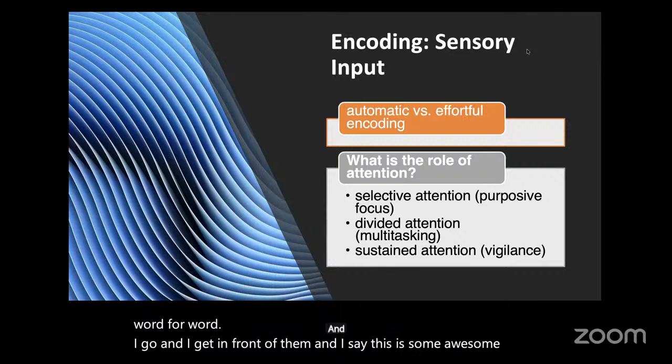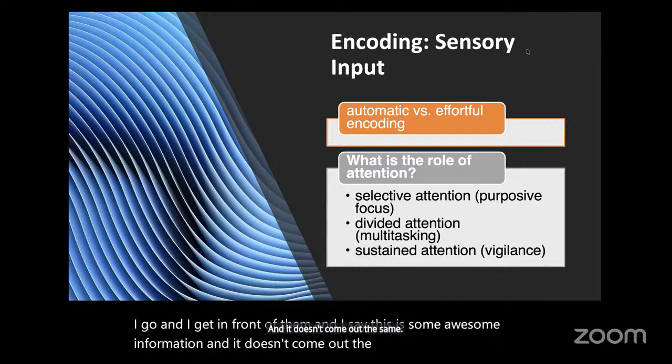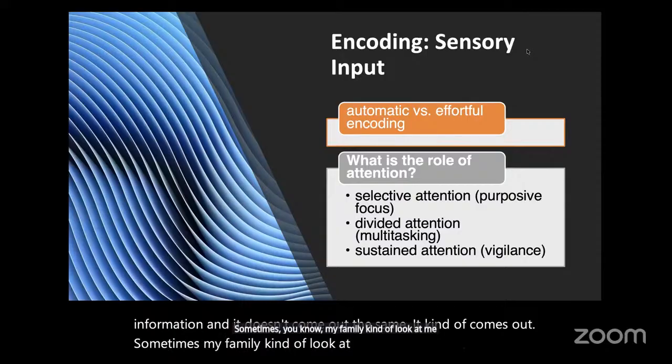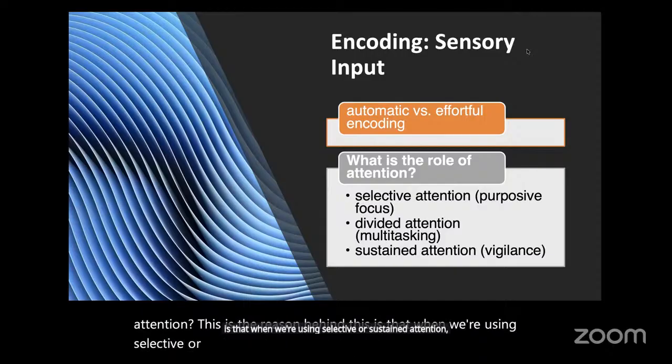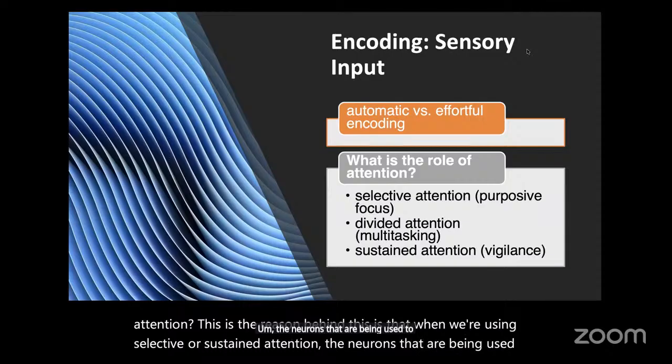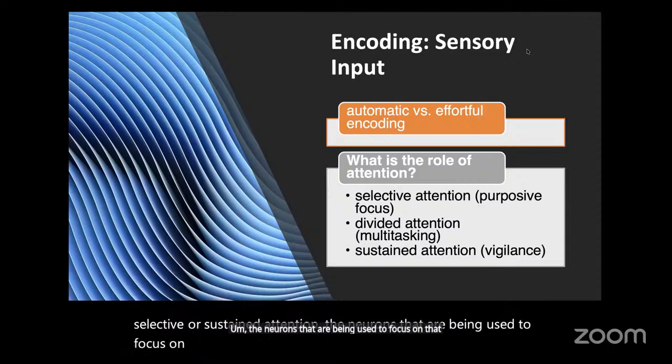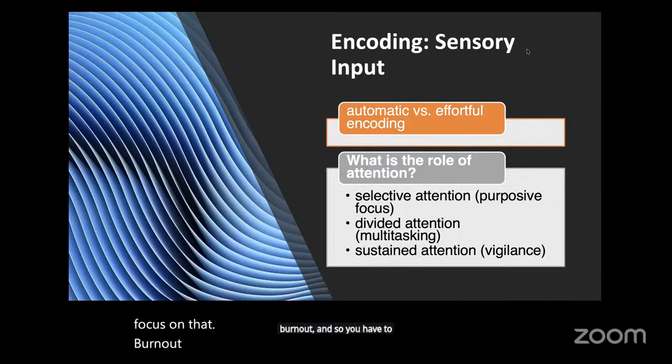And it doesn't come out the same. Sometimes my family looks at me going, did you really pay attention? The reason behind this is that when we're using selective or sustained attention, the neurons that are being used to focus on that burn out. And so you have to shift your attention and shift it back and shift it away.